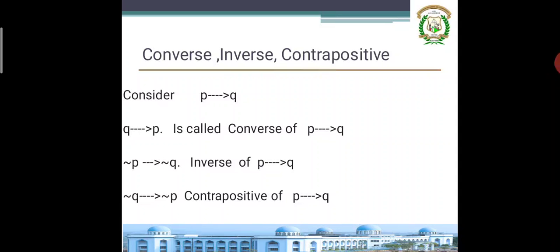Today I am going to explain a very important concept: converse, inverse and contrapositive and their relations.